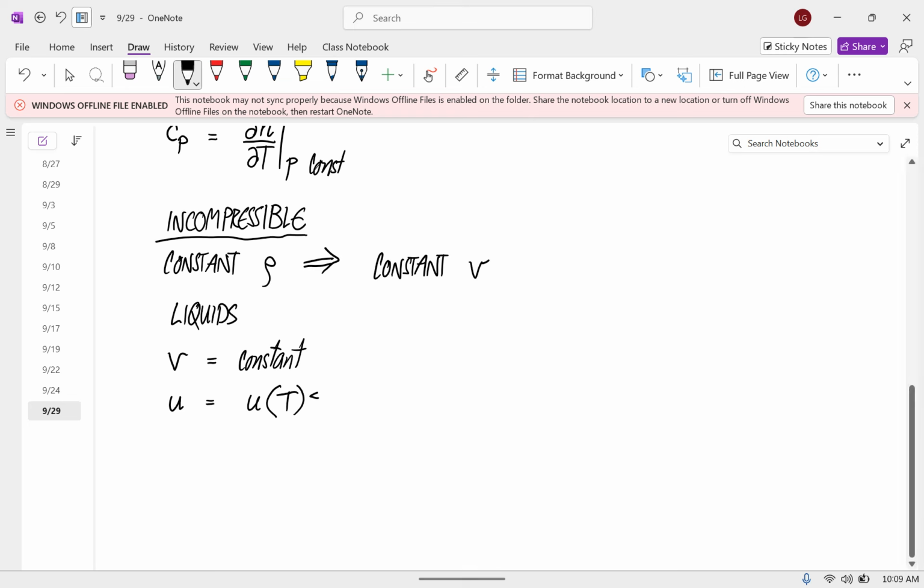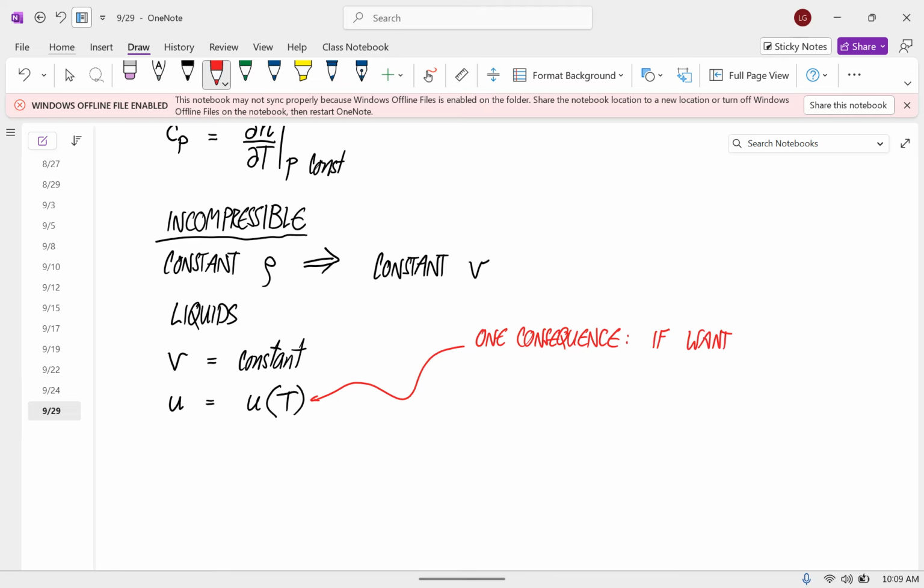One consequence is, if you want the specific internal energy of a liquid, you can use the saturation tables at your desired temperature.